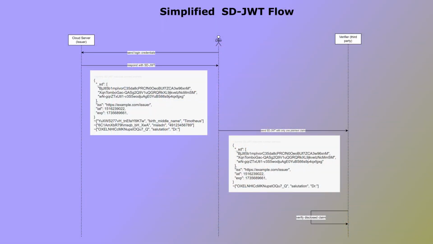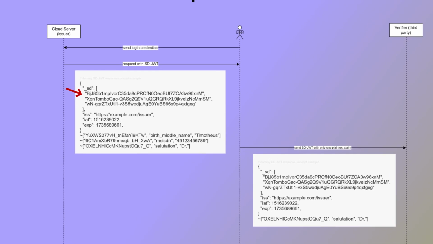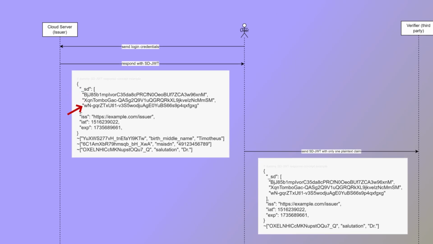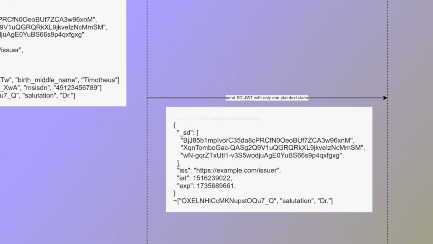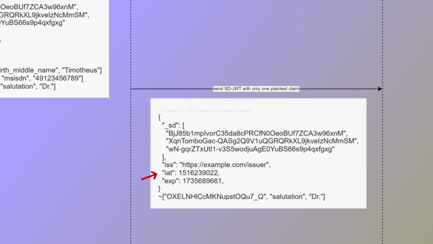To implement this, the server sends each claim as a separate list of hashed disclosures inside the JWT. The server also sends a separate list of plain text disclosures to the client. So when the client receives these, they can decide to send only one or more disclosures to the verifier. They do this by sending the entire JWT, now called SD-JWT, with the hashed disclosures and a copy of the plain text disclosure they wish to disclose to the verifier.